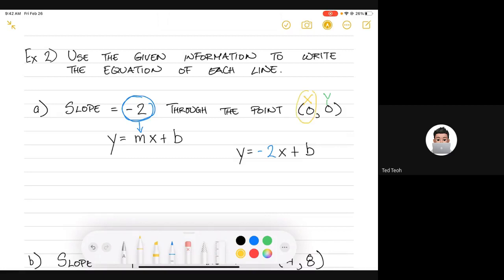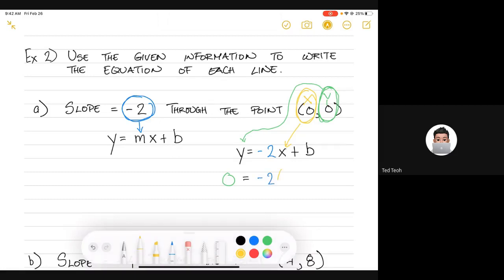I have an x value, which I know is 0, and I have a y value, which I also know is 0. To do that, all I do is sub in the x value into the x and the y value into the y. Instead of y here, I'm going to sub in 0. The negative 2 is there.